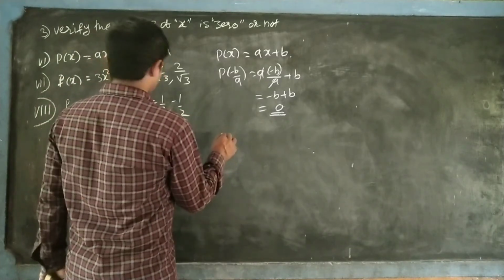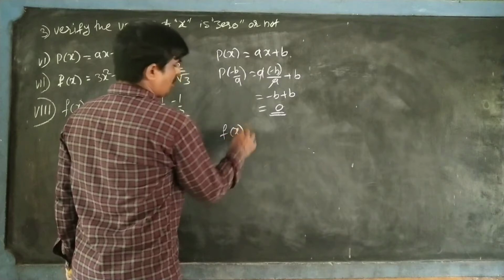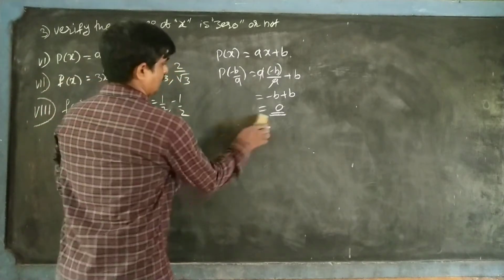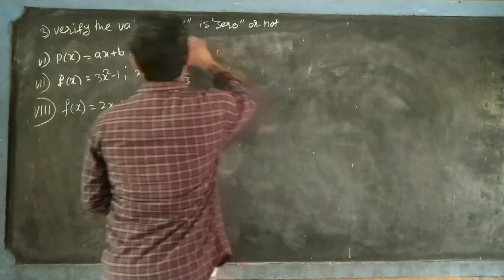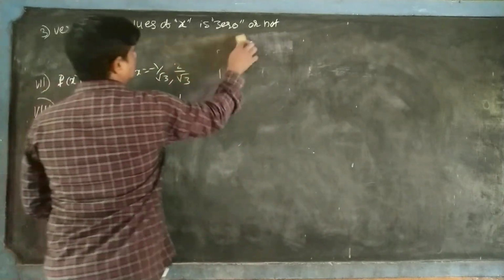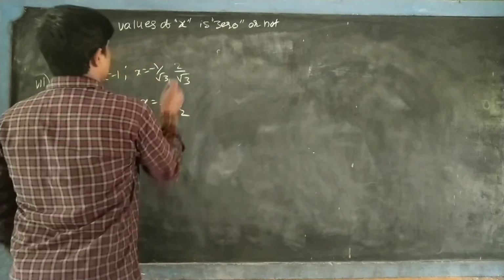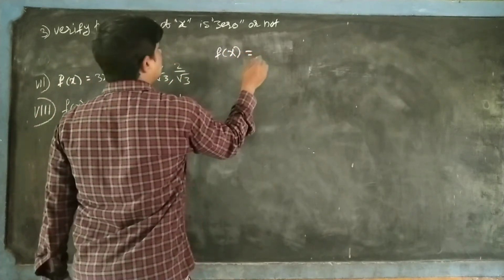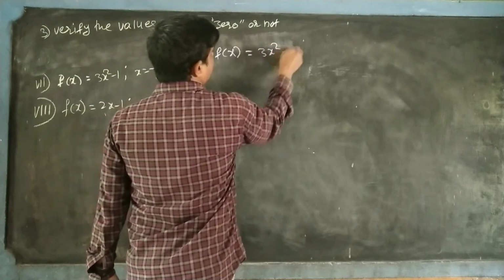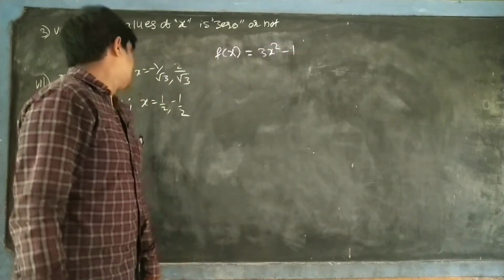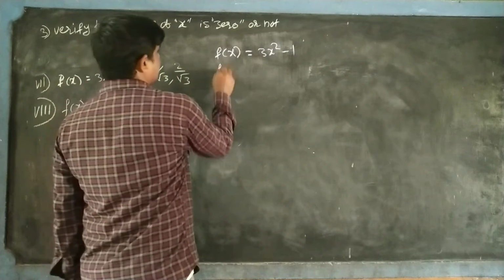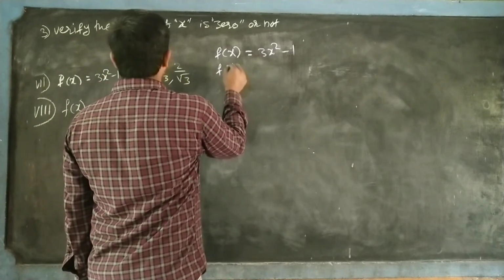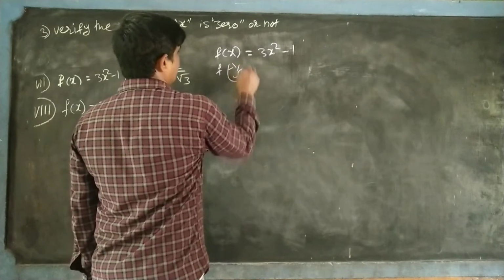Over. Next, if I take f of x in the polynomial, f of x is equal to 3x square minus 1. So x is equal to how much? Minus 1 by root 3.